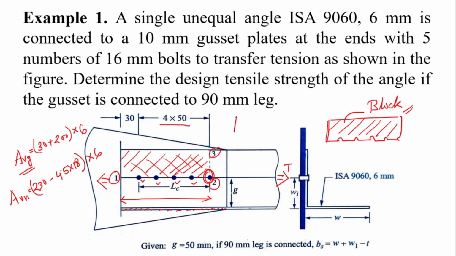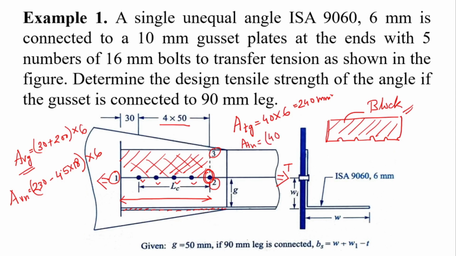Similarly, for Atg, the distance between 2 and 3, which is 40, into the thickness of the angle 6, will give the value of Atg. Similarly, for Atn, I have to subtract the diameter of the bolt hole.